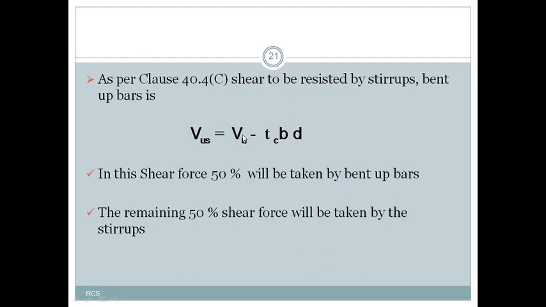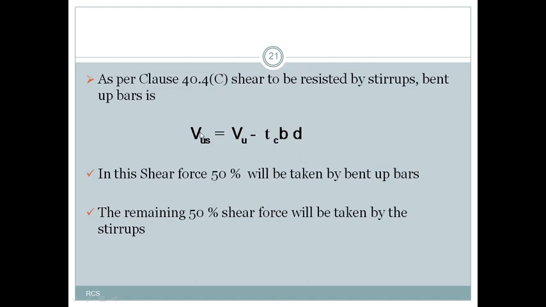That is a combination of these two. But here in this class, particularly we are calculating the amount of shear to be resisted by the stirrups and bent up bars. That is VUS. That can be calculated by deducting the shear to be resisted by concrete alone from the total shear force of a member. That is VUS equal to Vu minus tau C into Bd.